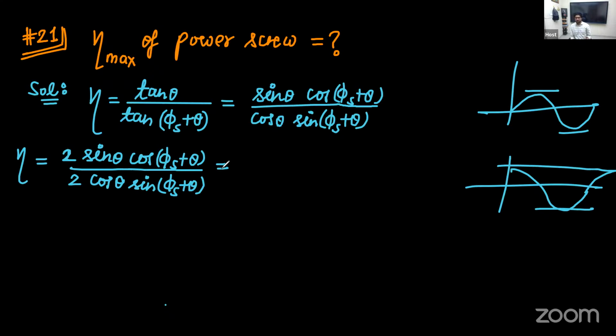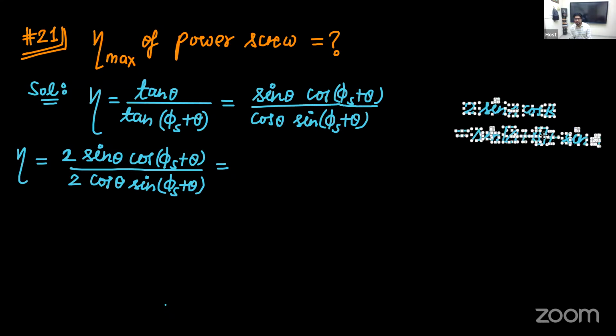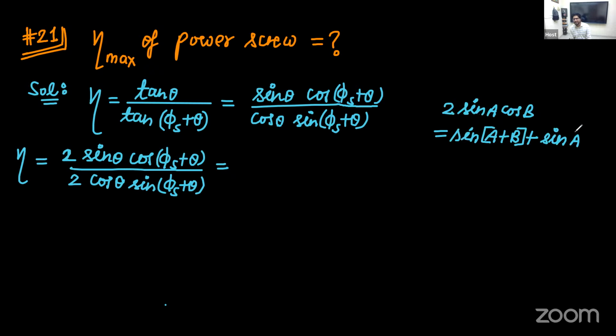Now, if you already know, great for you. If you don't know it, from today, 2 sine A cos B can be written as sine A plus B plus sine A minus B. This is something that can be obtained very easily.